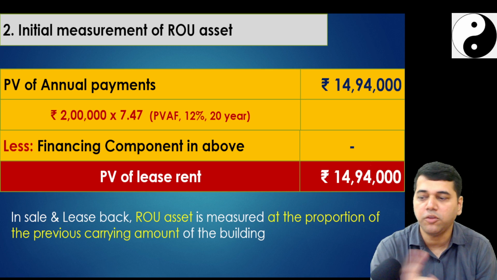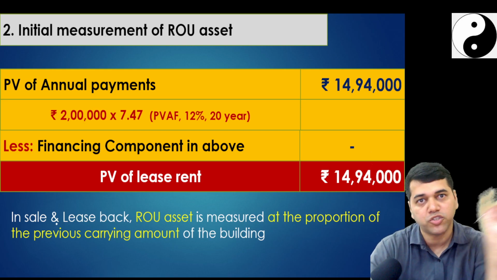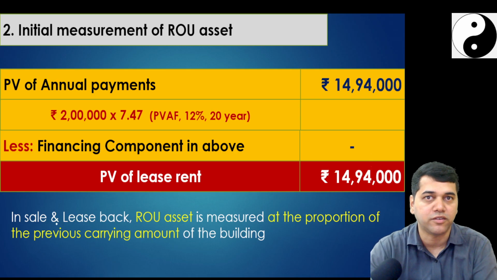That means I cannot pass the accounting entry for 14,94,000. It should be in proportion to my book value of the asset, because it is the same asset. So what is my ROU asset to be recognized?